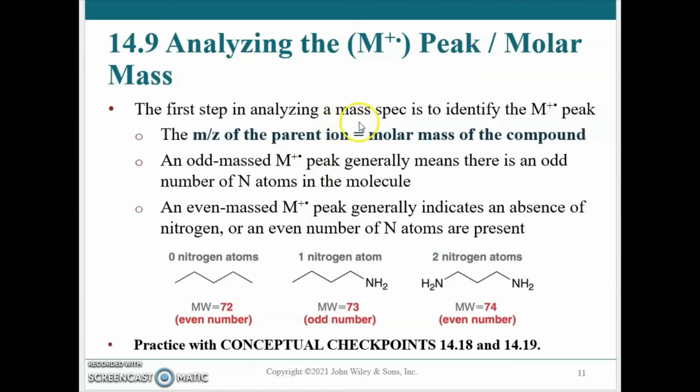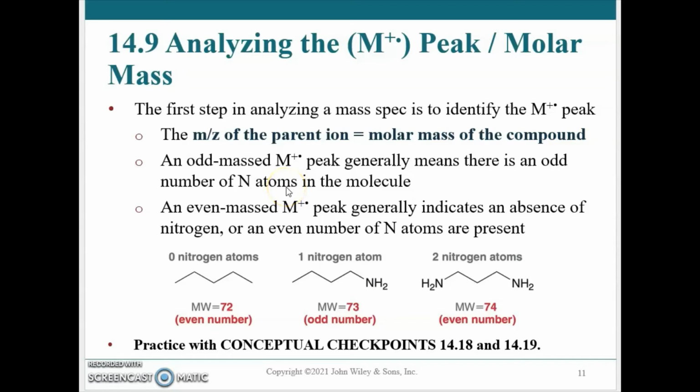The first step in analyzing a mass spec is to identify the molecular ion peak, because this gives you your compound molar mass, your molecular weight. The m over z of the parent ion is the molar mass of the compound. There's something called the nitrogen rule, and one of the things it tells us is if we have an odd numbered mass molecular ion peak, then there's an odd number of nitrogens in the molecule, typically 1, but it could be 3, 5, 7.